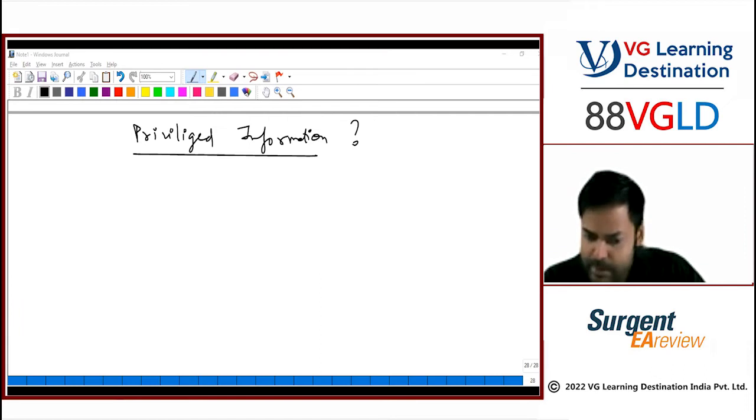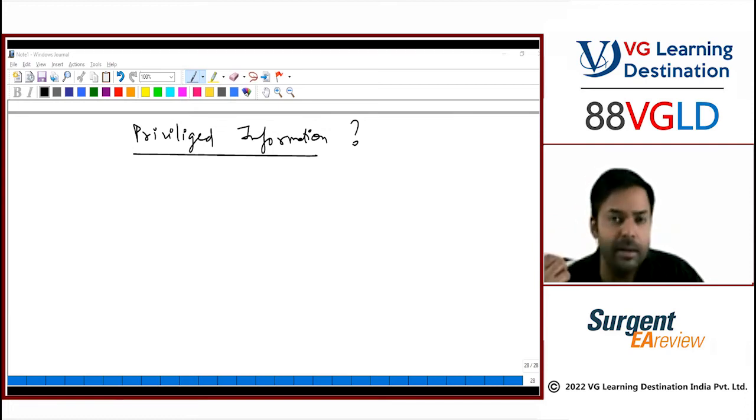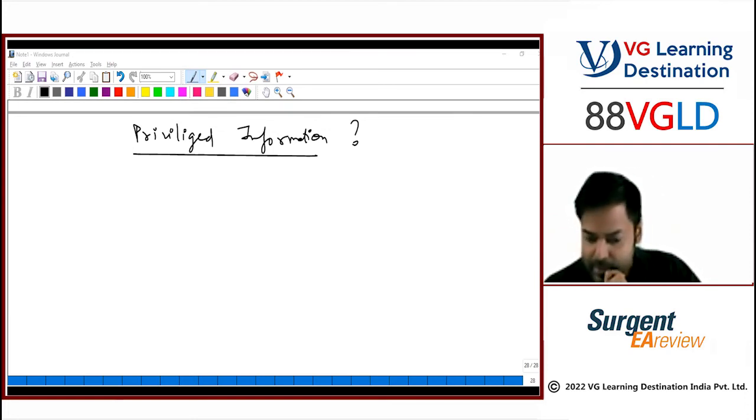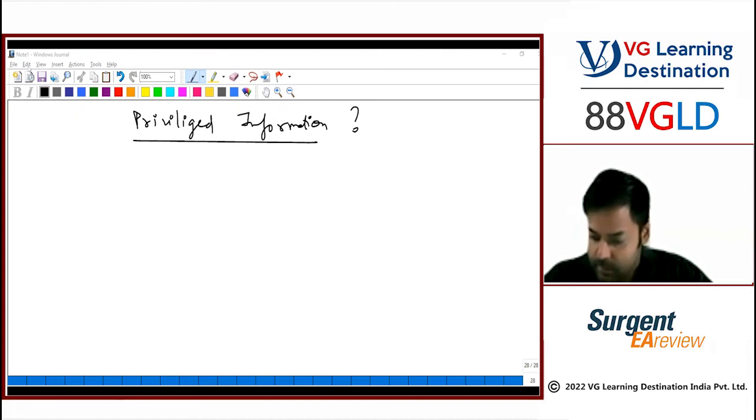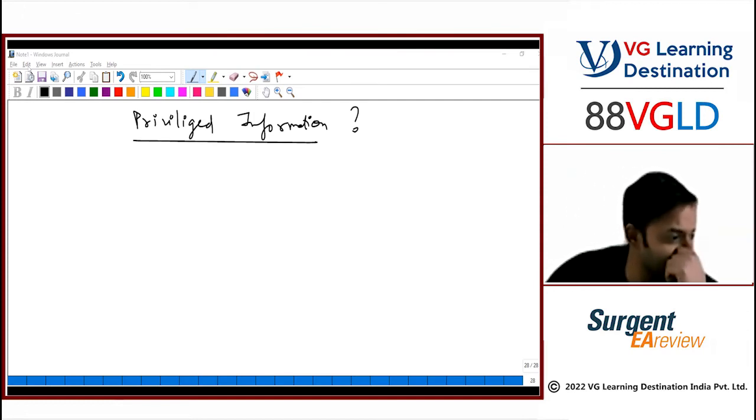Any other? Can you give me examples of what the instances are? One, you're saying maybe the client and a tax practitioner. Anything else which comes to your mind? In which professions do you find privileged information a lot?